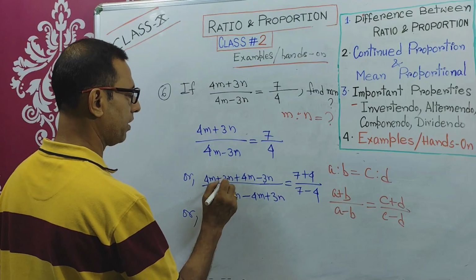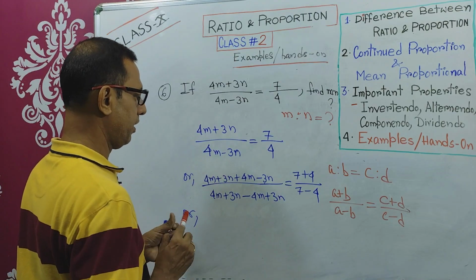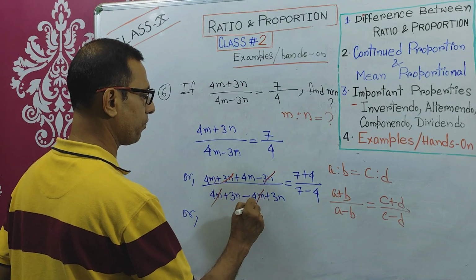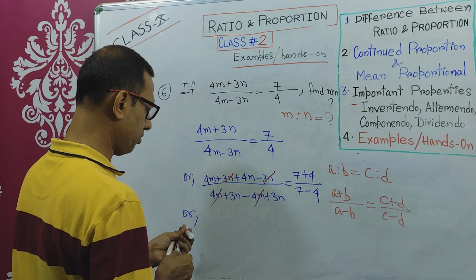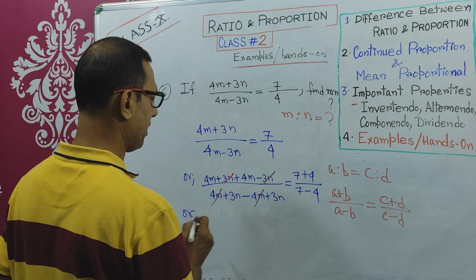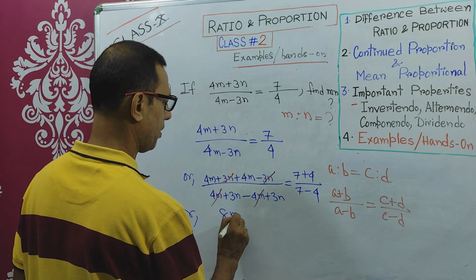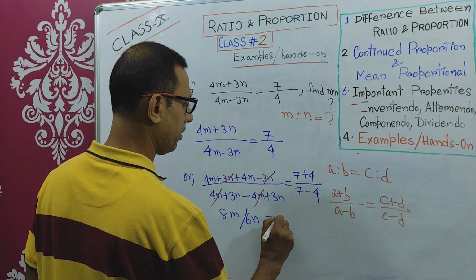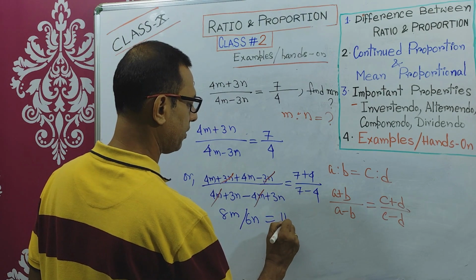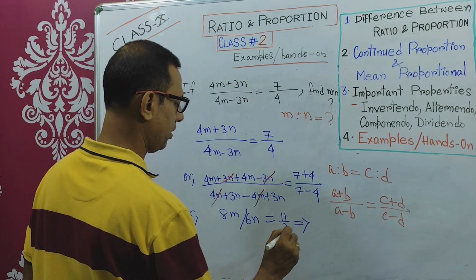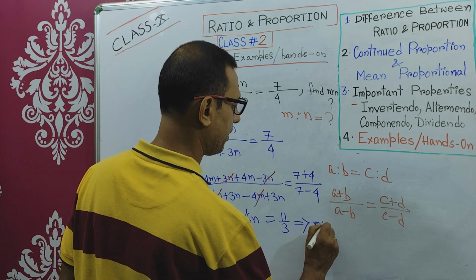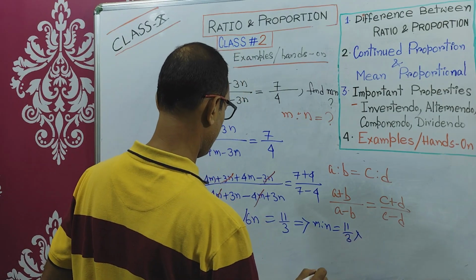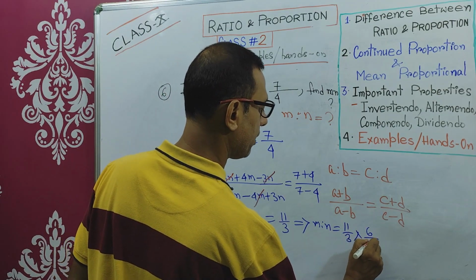So here 3n 3n cancelled, and here 4m 4m cancelled. Now what is the value? It is 8m by 6n equals 11 by 3. Therefore m is to n equals 11 by 3 into 6 by 8.